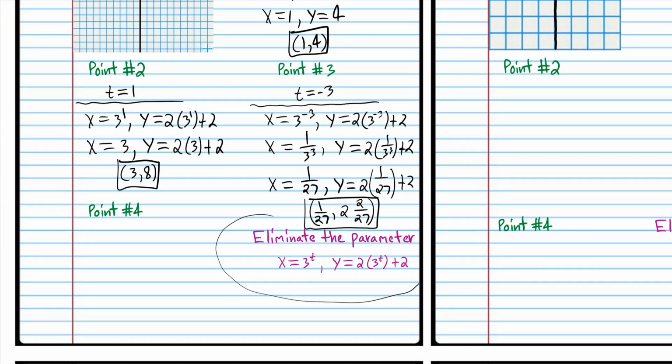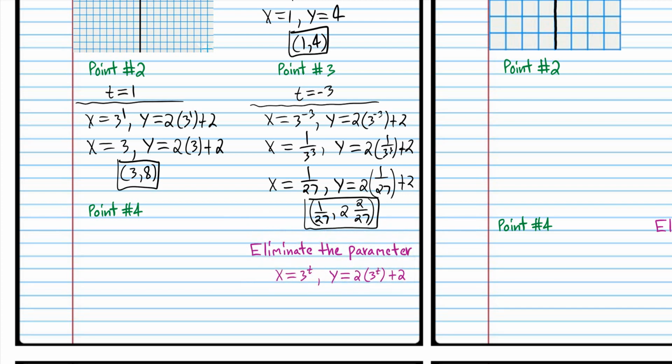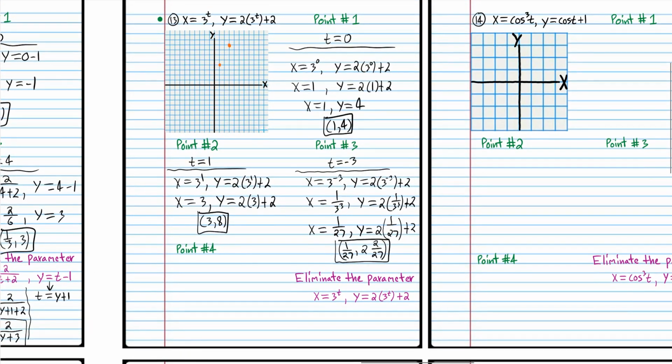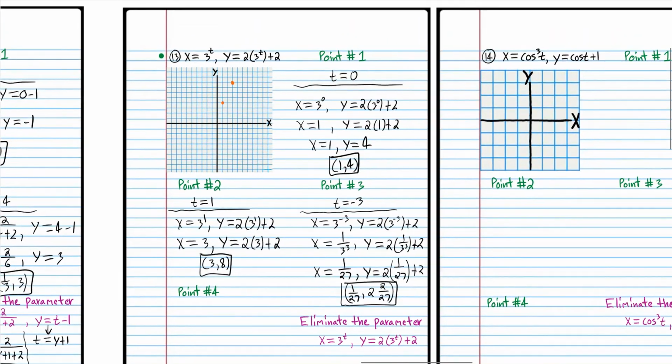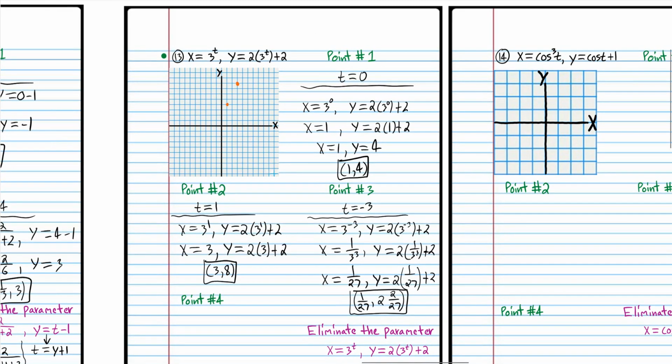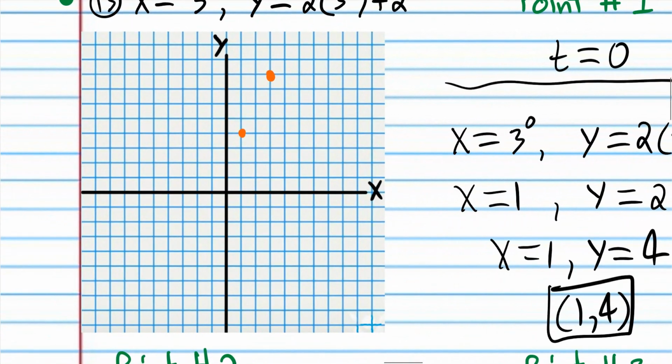So let me make some more room here if my computer will allow me. It's going kind of slow. So 1 over 27 and 2 and 2/27. So that point is going to be about here.